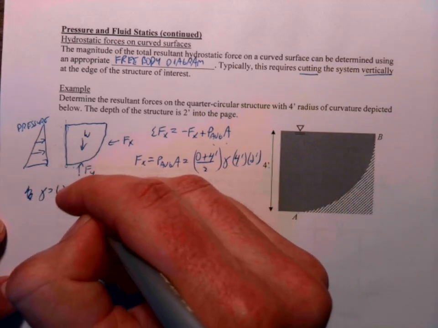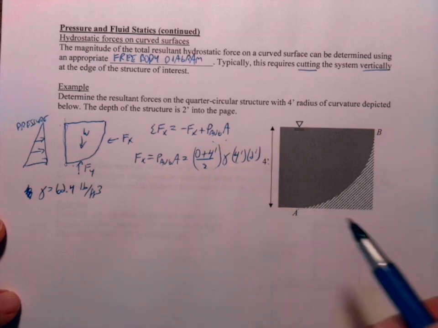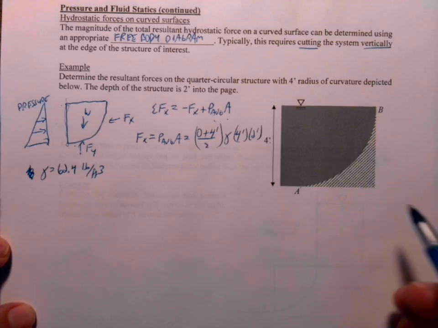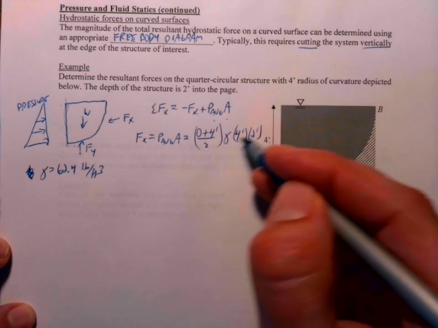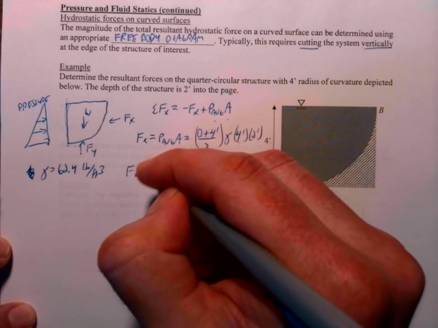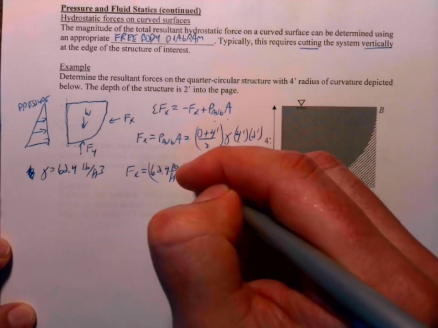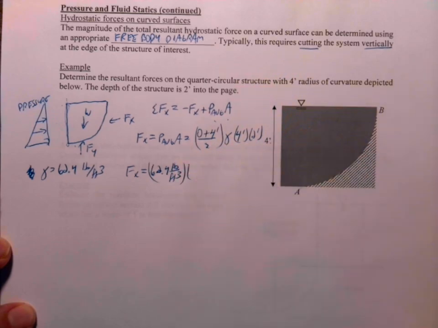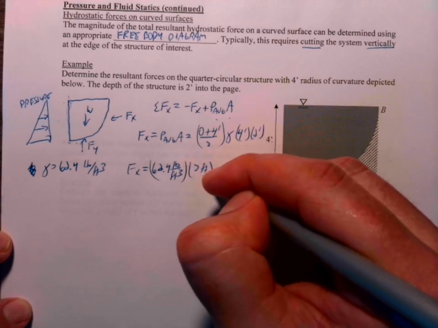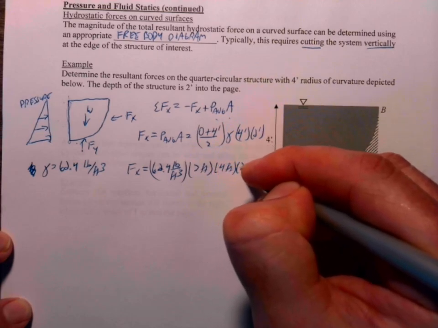Okay, and so then we know that gamma here is 62.4 pounds per cubic foot for water at its maximum density. You might use 62.3 there if you were to assume the water is something other than 4 degrees Celsius, but I used 62.4. So if we then plug that all in, we get Fx is equal to 62.4 pounds per cubic foot times 2 feet, and then times 4 feet times 2 feet.